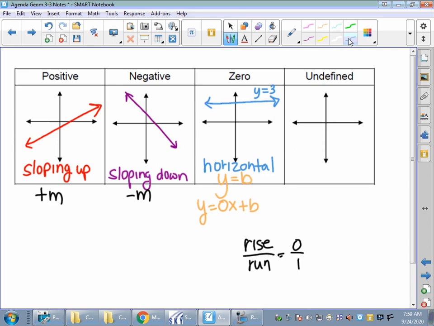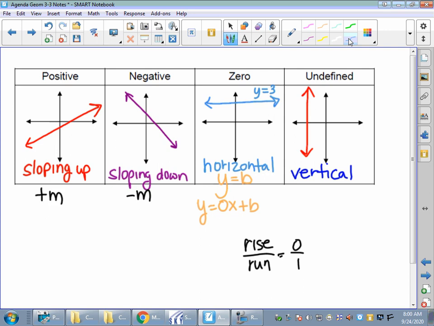Last but not least, undefined slope would be a vertical line. Anytime you see an equation, this is the really weird looking one. This means that it rises, but it never runs, right? It never goes across the page.